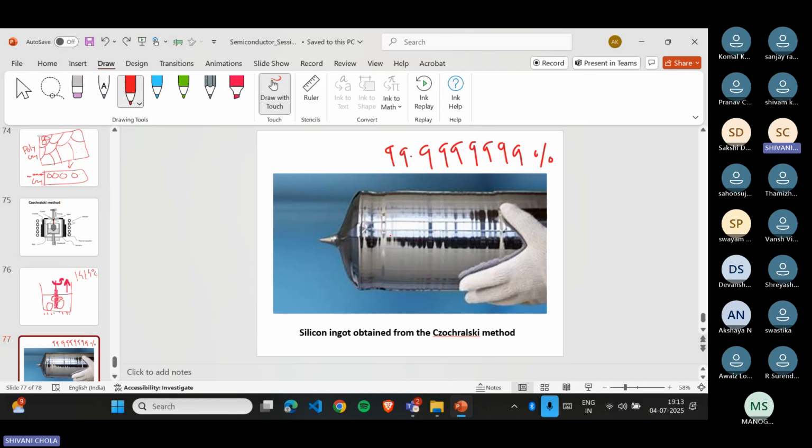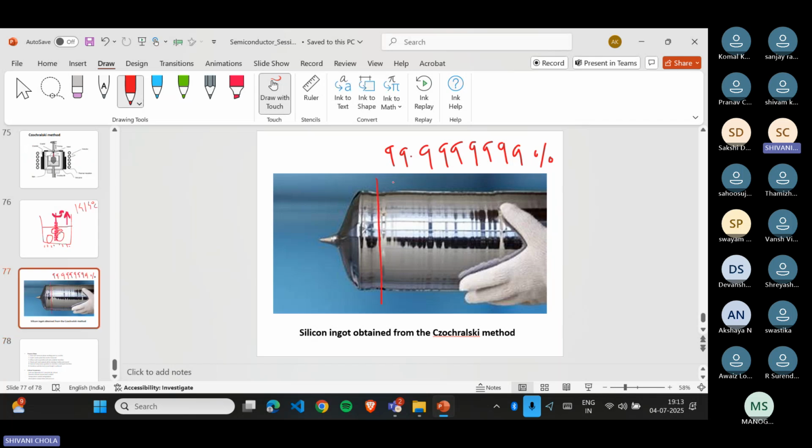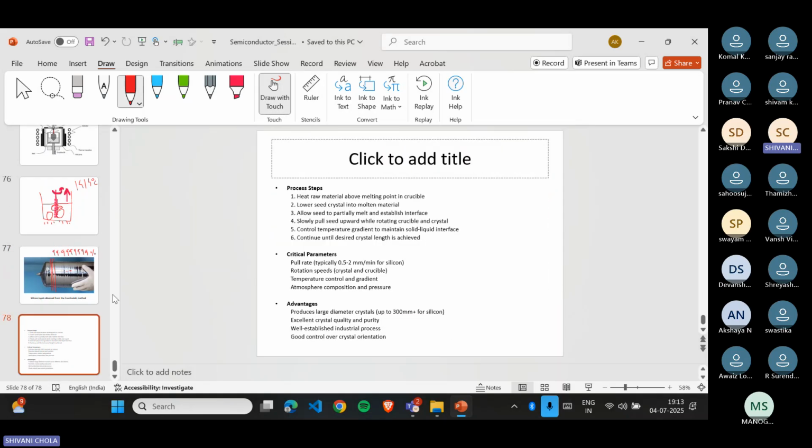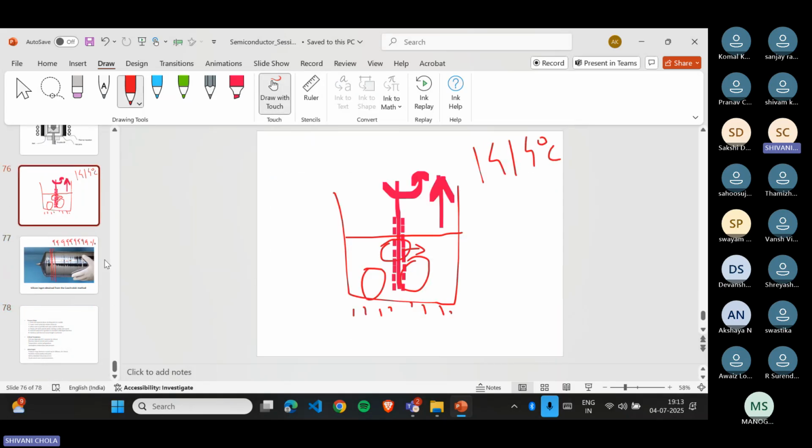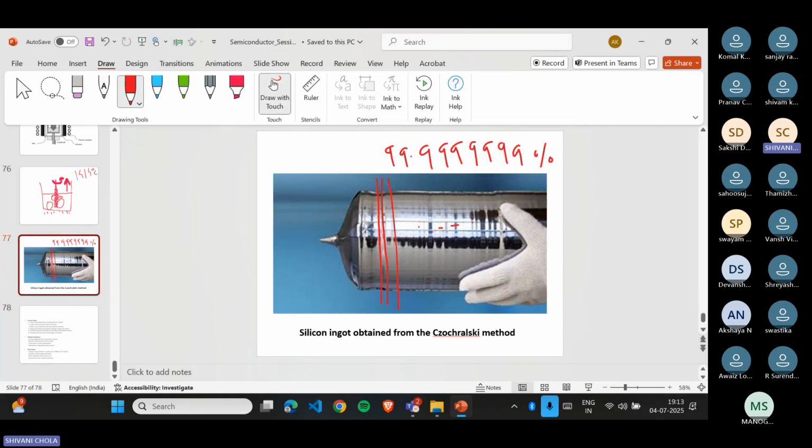And once you obtain this pure silicon ingot, there is one process known as diamond saw cutting. So using a wire that has diamond in it, you cut this part into thin plates like this, and so on. Now these plates will be used in the manufacture of silicon chips. Generally the length of this part is around 1 to 2 meters.